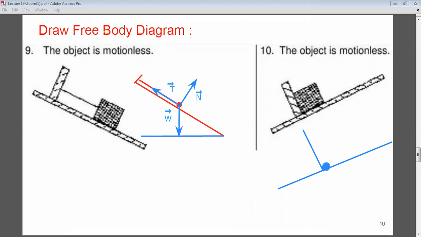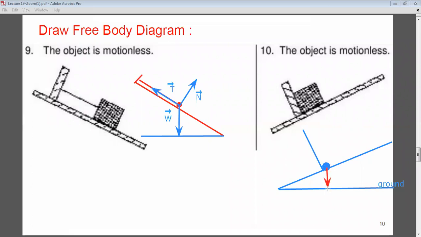Now, the first force always is the weight and it should be perpendicular to the ground. So I have to draw the ground. This is the ground. Now for the forces. The first force always is the weight.